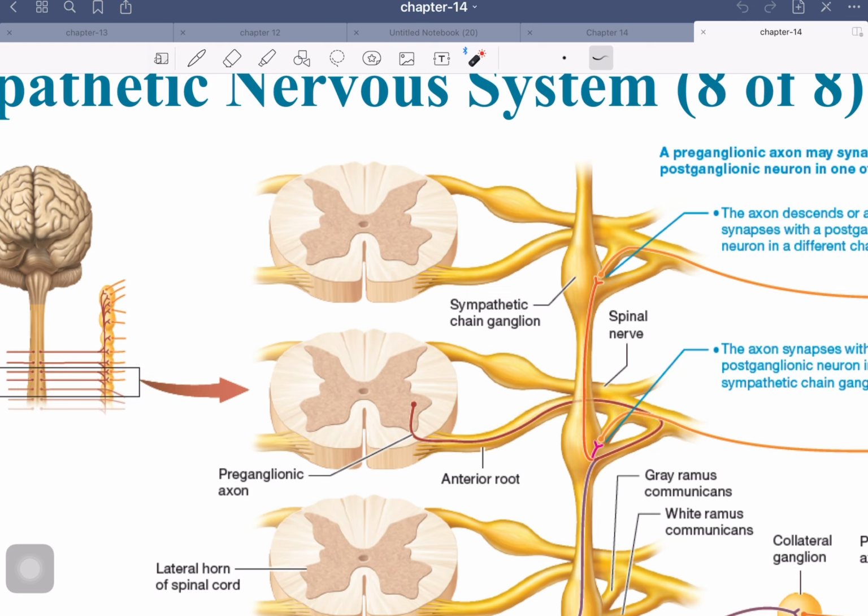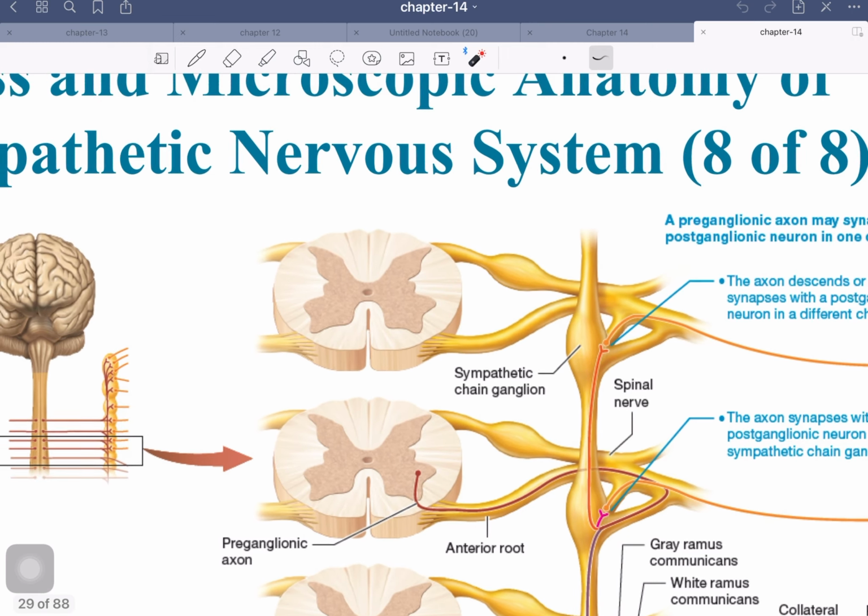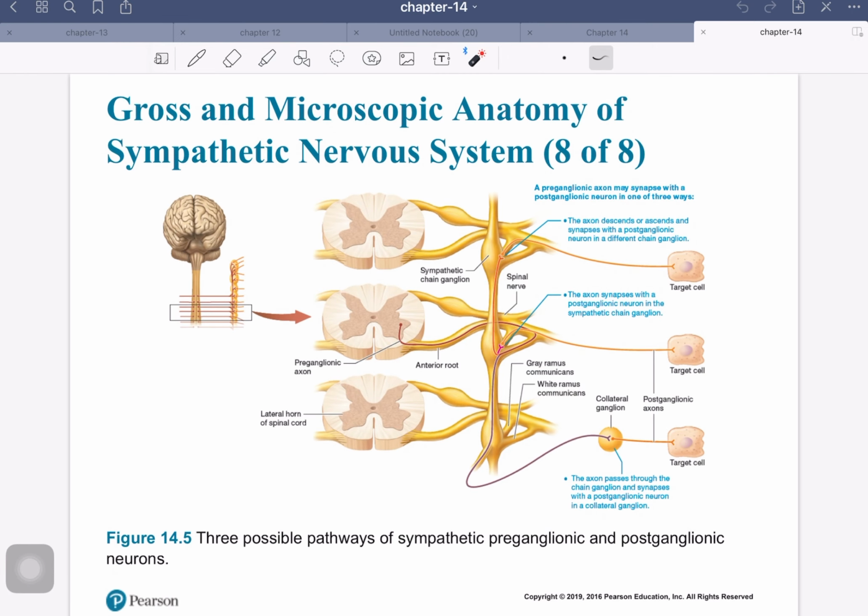Now there's one more option, and this option involves not synapsing in the sympathetic chain. But do you have to synapse? Yeah, there's a golden rule that if you're a sympathetic fiber or parasympathetic, you need a preganglionic and a postganglionic. So what are you going to do if you don't synapse in the chain?